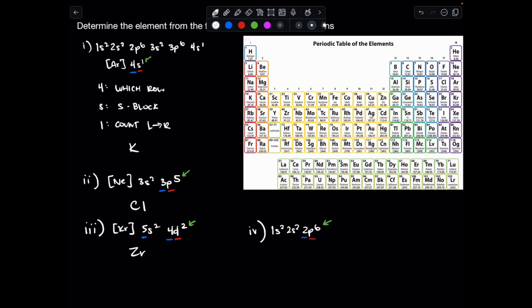So we're going to be in row 2, so 1, this row. We're going to be in our p block, which we know is all of these over here. And then finally we need to go over 6. So 1, 2, 3, 4, 5, 6. We land there on neon.